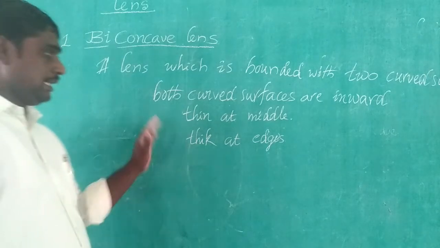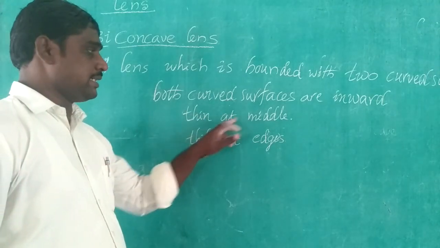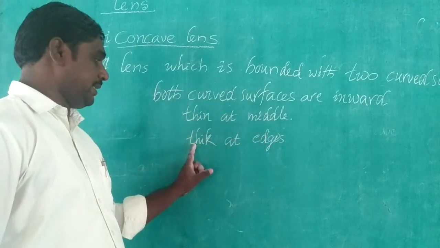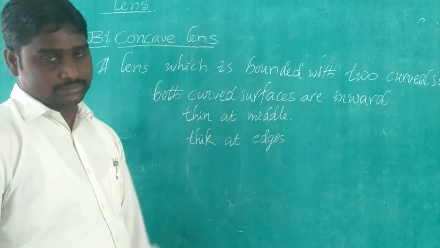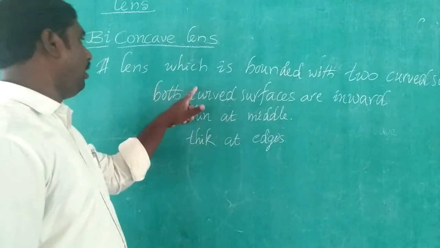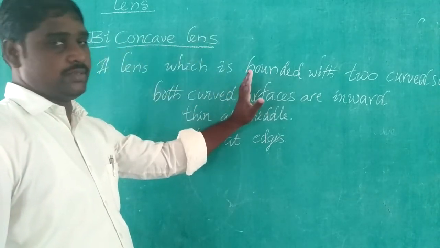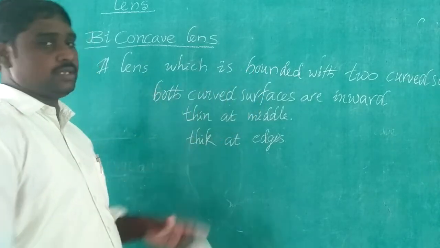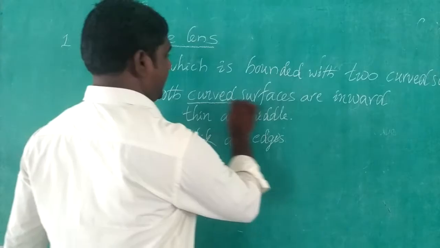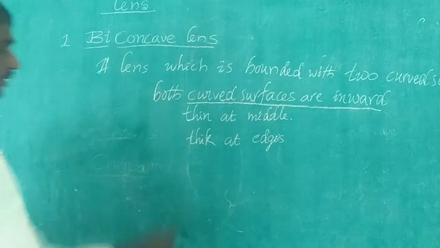Okay, students, the lens which is thin at the middle and thick at the edges is said to be a biconcave lens, or the lens bounded with two curved surfaces, both curved surfaces inward.